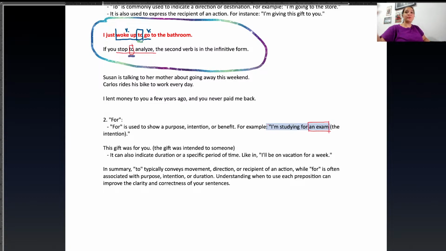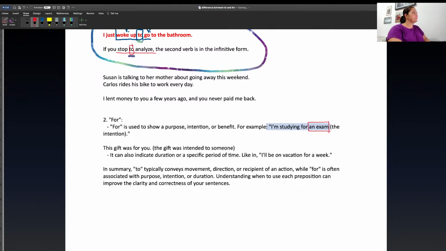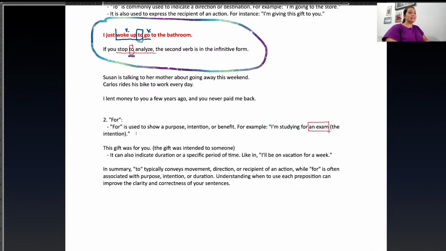How can I rewrite the sentence using to? Is it possible to rewrite the sentence using to? Yes, it is. By adding a verb, by adding an action to it. So why am I studying? I'm studying for an exam. Why am I studying?